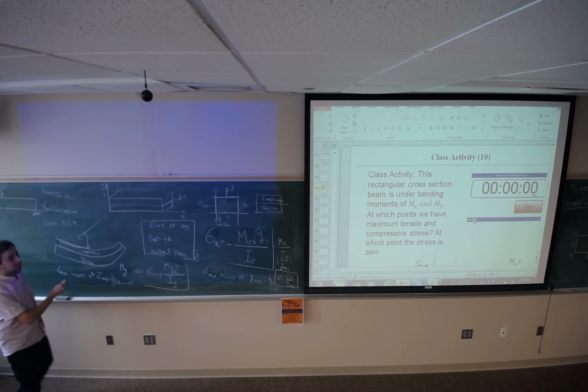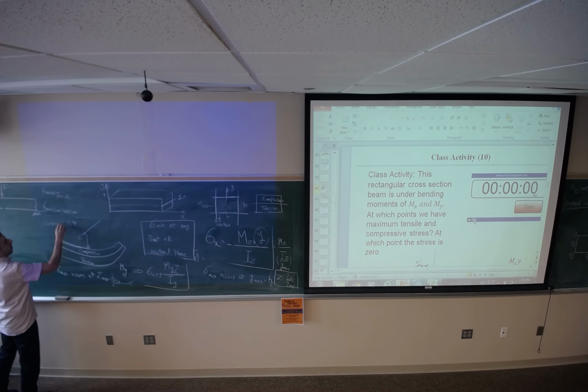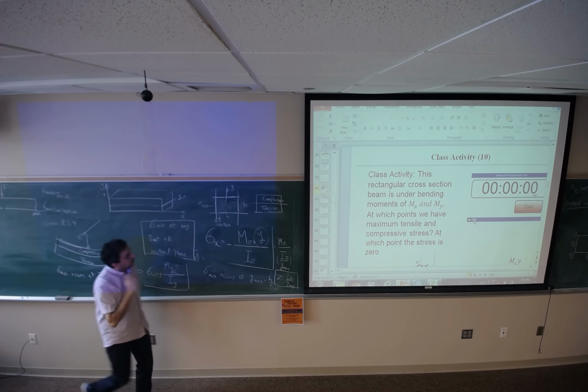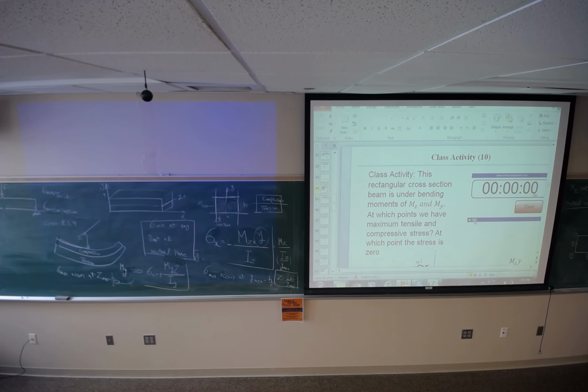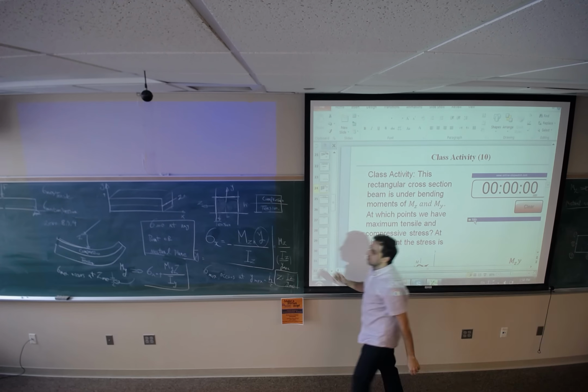Yeah. I agree with you if it's under only MZ. If it's bent in this direction, this axis is going to be the neutral plane. So any point on this line is going to see the 0. But we have MY, which makes some stresses non-zero.